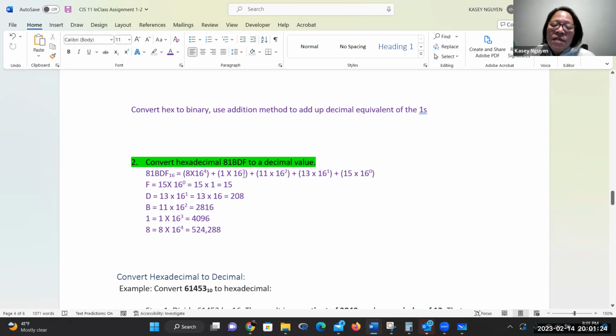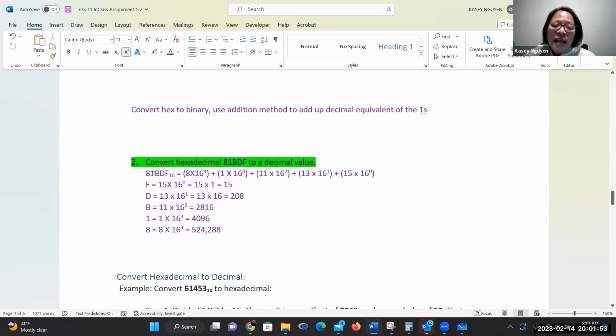B is 11 in decimal. So you would take 11 and multiply it by 16 to the 2nd power. As you go left, you increase the exponent by 1 with the base 16, and multiply by the decimal equivalent value. So B is 11, I take 11 times 16 to the 2nd power.